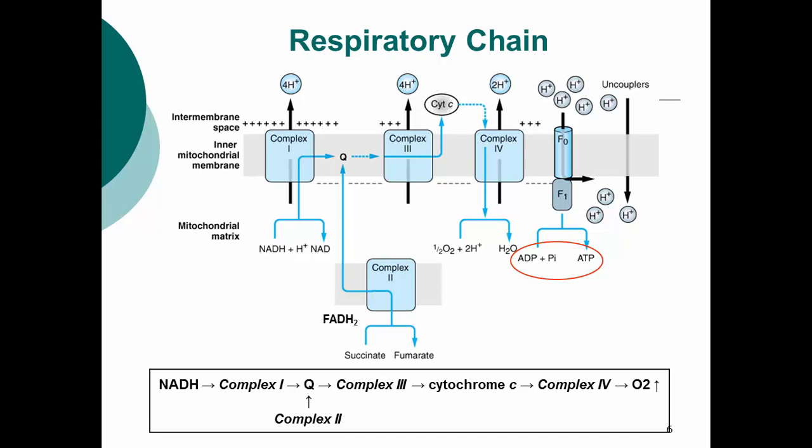So here maybe gives us an explanation why NADH can produce 3 ATPs while FADH2 only produces 2 ATPs, right? Because NADH will transport electrons to complex 1, right? And then to complex 3 and 4. So it can generate 3 different proton gradients, right?